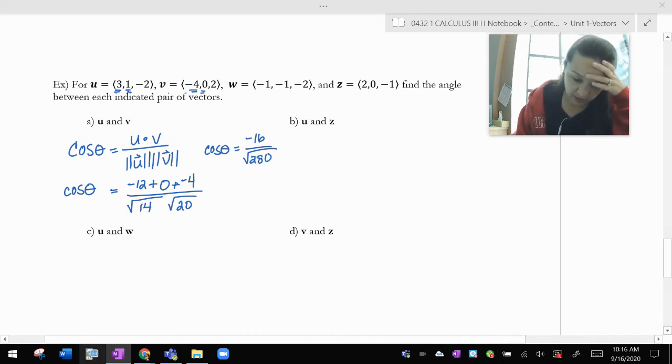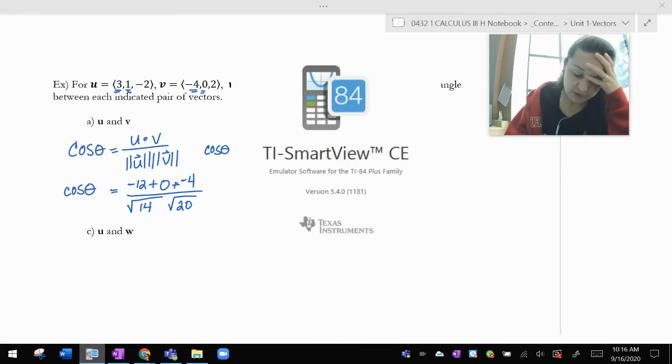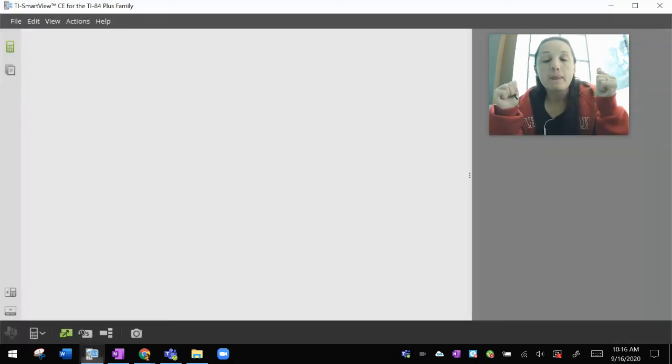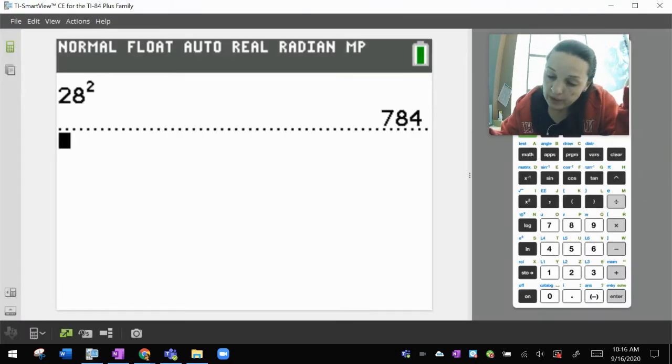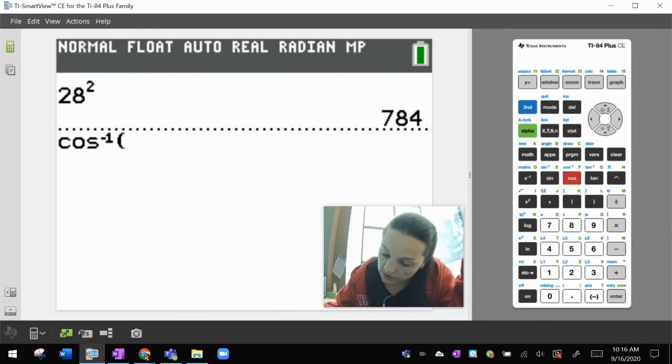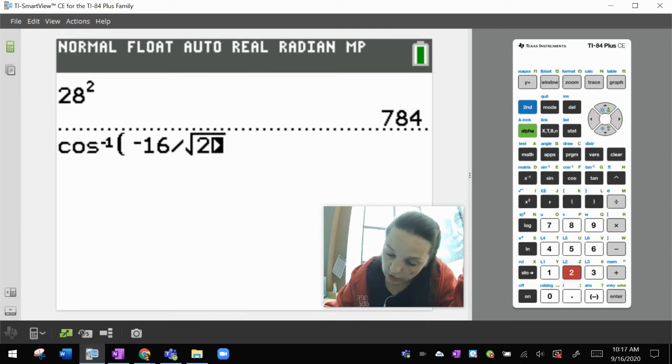And so then in my calculator, I am going to do the inverse cosine of negative 16 over the square root of 280. Inverse cosine negative 16 divided by the square root of 280.